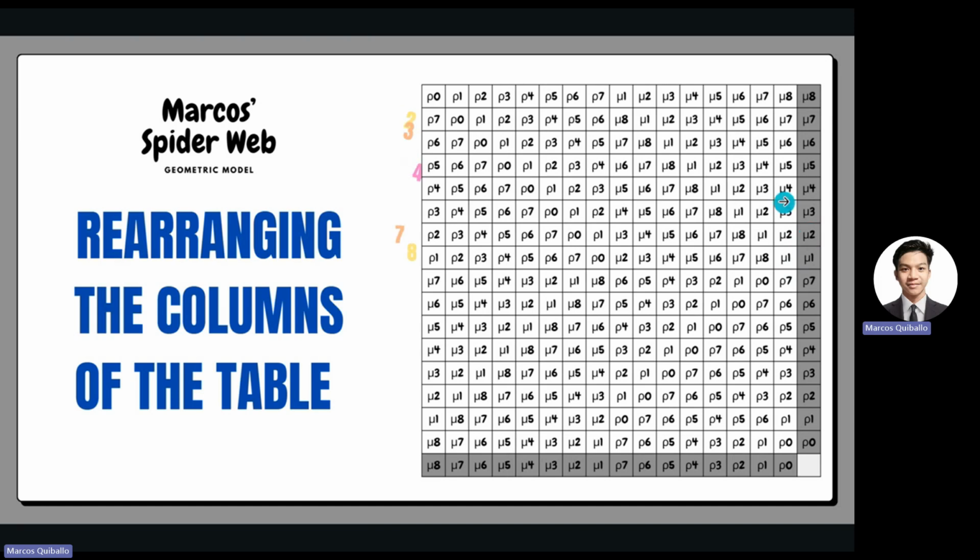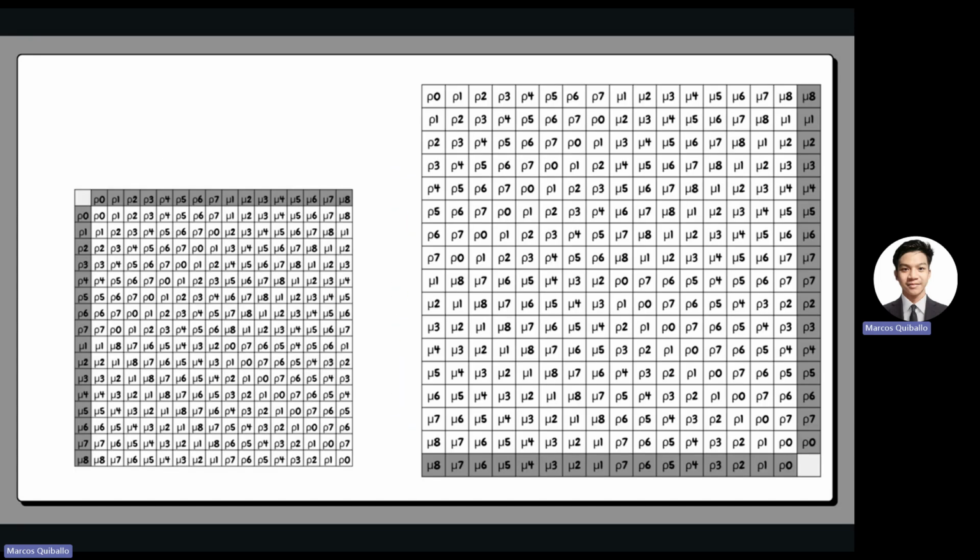We will interchange row 2 to row 8, row 3 to row 7, row 4 to row 6, row 9 to row 15, row 10 to row 14, and row 11 to row 13. So after we interchange the rows of our table, we have here the obtained result. And as what you can see, it is equal to our original table before we rotate and rearrange our table.